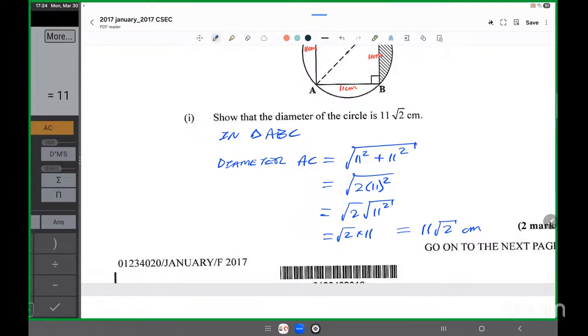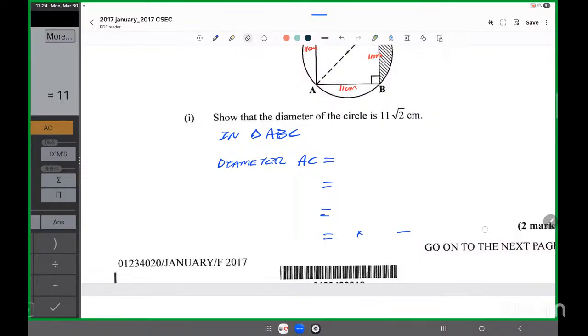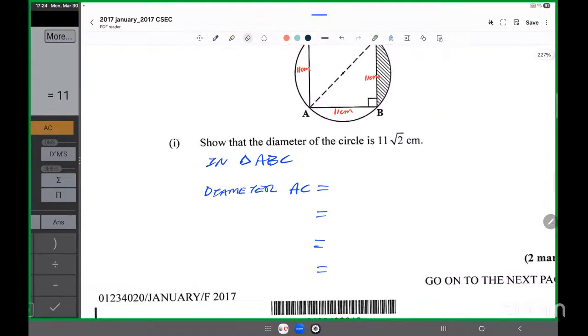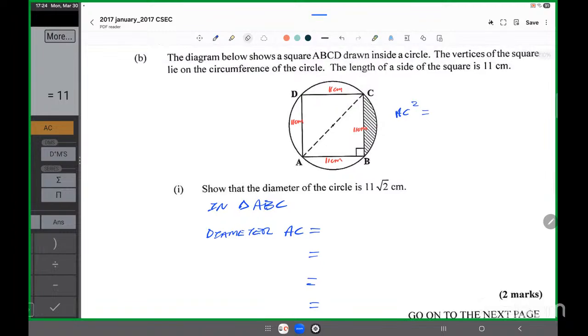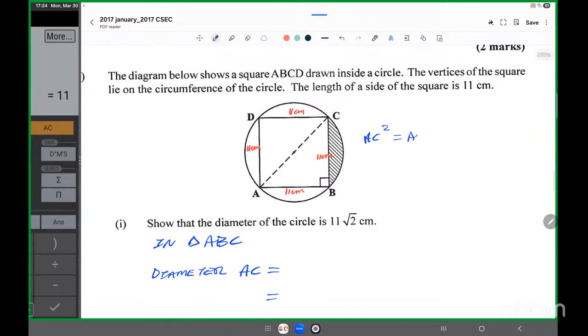Yes? Explain it again from the beginning. All right. So you understand that we're using Pythagoras' theorem? Because I write on my triangle, right? And the 2 sides in there are 11 and 11. So Pythagoras' theorem says that the hypotenuse squared, AC squared, will be equal to AB squared plus BC squared.